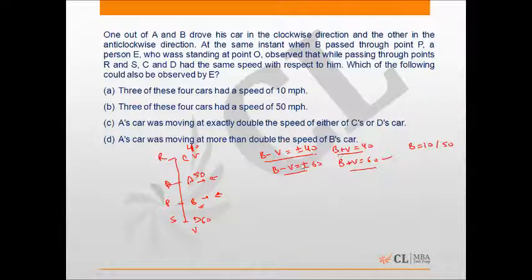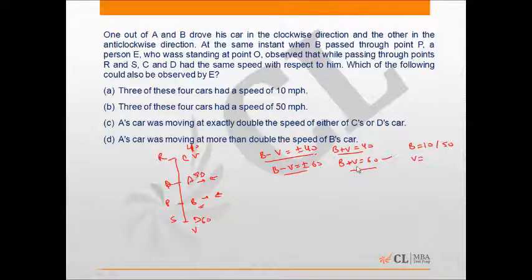So twice of B can be again 100 or minus 20, right? So again B can be 10 or 50 in either case. So B has two possibilities, 10 and 50, right? And similarly we can solve for V also. So V will come out to be the same because of this difference only, right? So V is also 10 or 50.